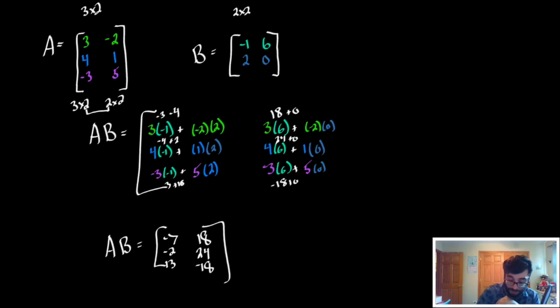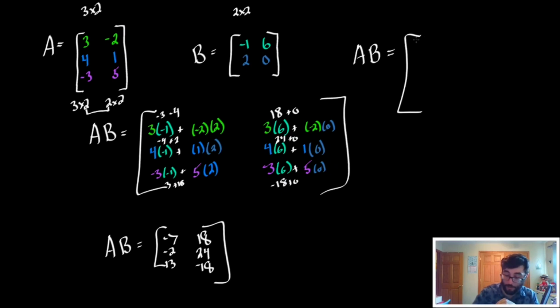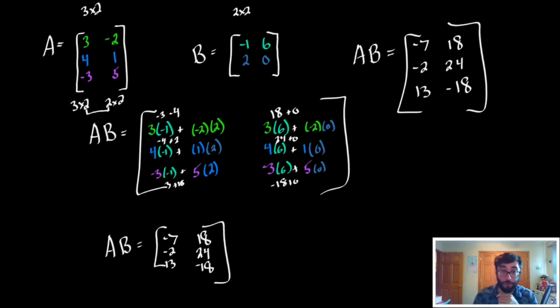So what that tells me is that matrix AB would end up being -7, 18, -2, 24, and 13, -18. And there is our solution, okay, guys?